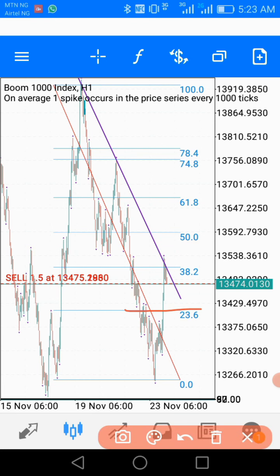The next level. The market actually moved from this premium level on a selling cycle, making a series of lower highs and lower lows down, and then it got to this point and decided to make a bullish move in form of a retracement.